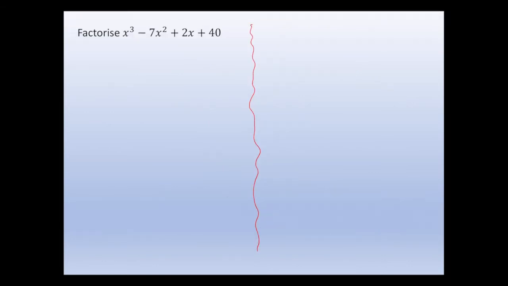Right. I would like you to try factorising this: x cubed minus 7x squared plus 2x plus 40. It's up to you whether you want to do long division or synthetic division. I am actually going to show you synthetic division. Now, I'm going to give you a guide.